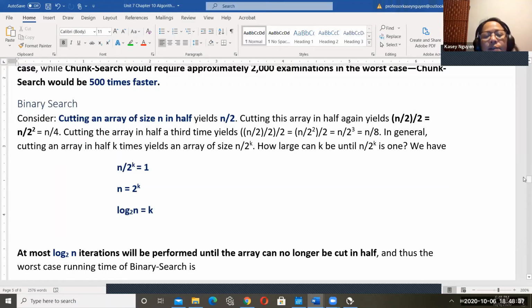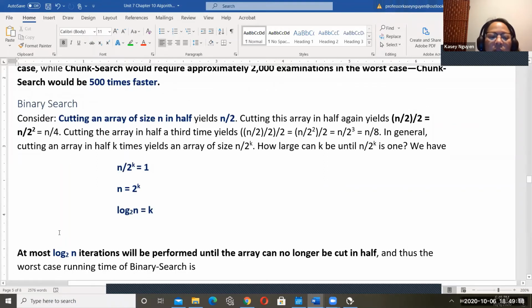In binary search, we take the array and cut it down to half, so that gives you n divided by 2. Then we cut it down to half again, so n divided by 2 divided by 2, which is n over 4. We keep sizing it down by half until it's small enough to quickly find the key value.